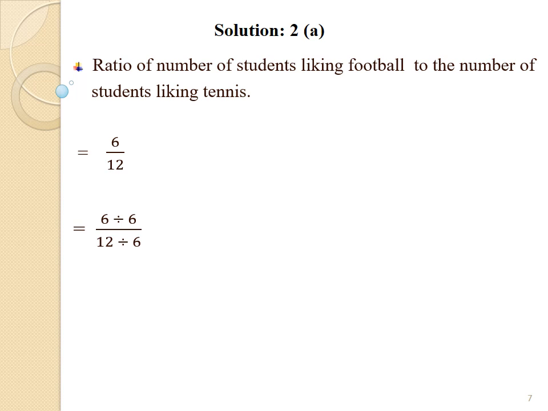Thus, dividing 6 by 6 and 12 by 6, we get 1 by 2, which is equals to 1:2. Thus, the ratio of students liking football to the number of students liking tennis equals 1:2.